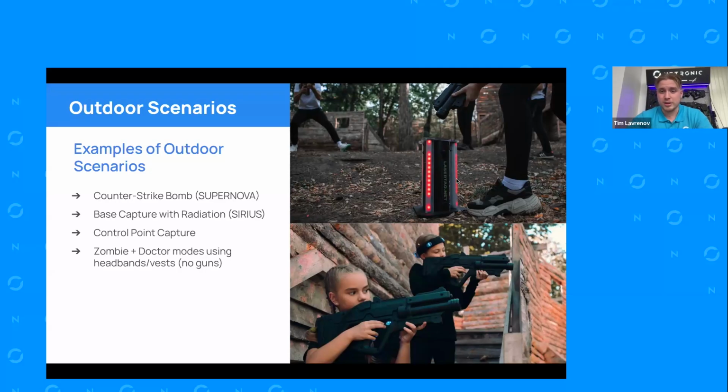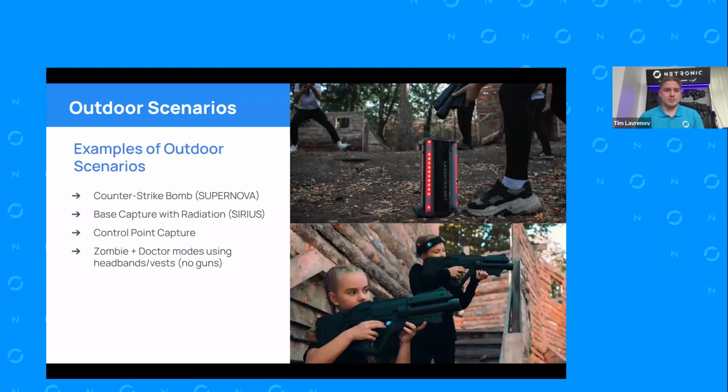So for those of you who didn't know, you can use the headbands and vests separately. For example, it usually works very well for little kids who don't want to shoot. They have some issues with aiming.